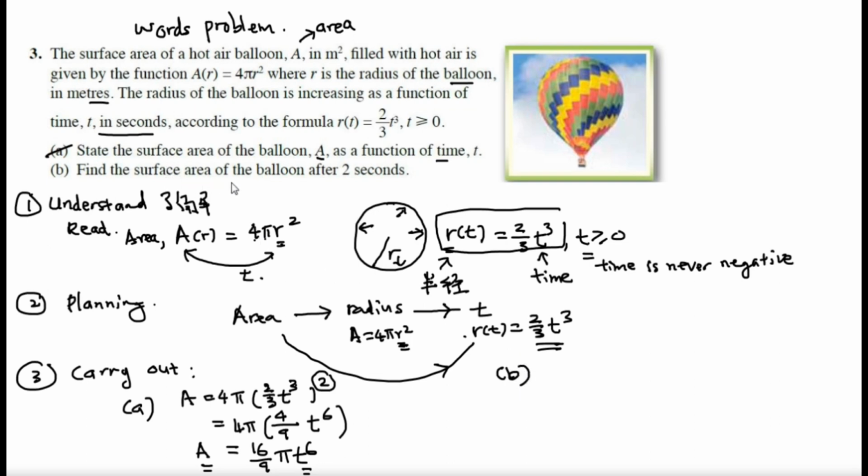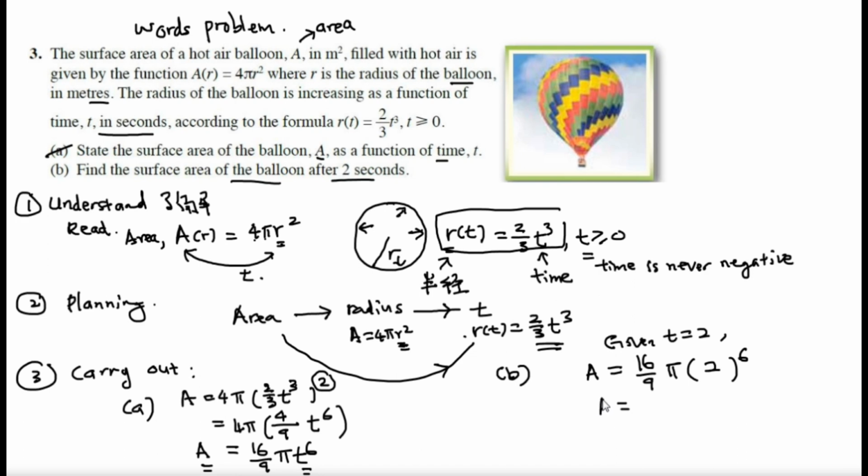Find the surface area of the balloon after 2 seconds. First, the area formula is 16/9 pi t power 6. Now, given t is equal to 2, substitute 2 here.